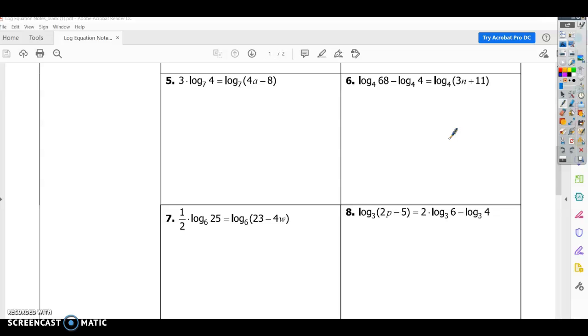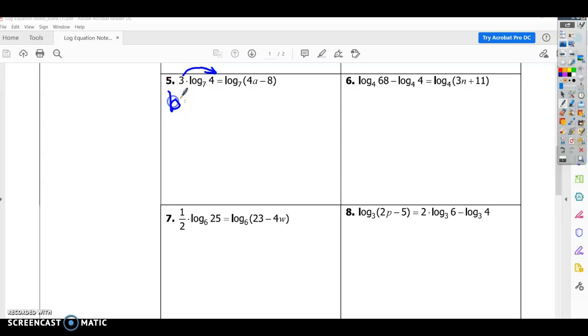All right, so number 5. This one is also going to have to use a property because it's got 3 multiplied in front of here. So before we drop the log, we need to move this to a power. Remember, this is the power property, and it means it becomes an exponent.